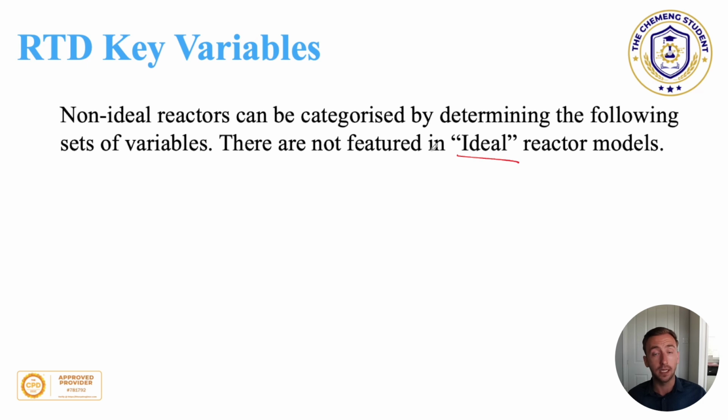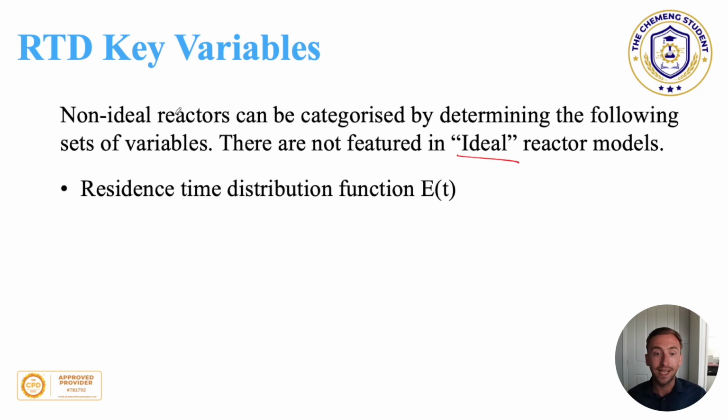I'll put a link in the description to them and you can check those out. Alternatively, we have our reactor design course, which again I'll put a link to in the description, and that goes into all the details from the fundamentals to the most advanced reactor design methodologies required for chemical and petroleum engineering.